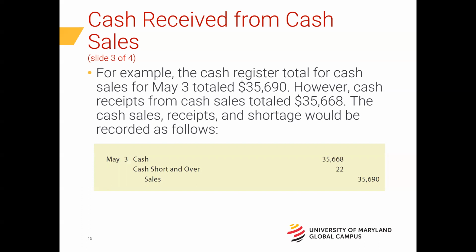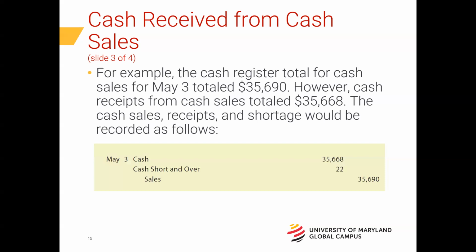Well, we debit cash for the cash that we actually received, $35,668 in this case. We debit cash short and over, $22. That's the difference, right? So when you debit the cash short and over account, that means we are saying, hey, you know what? We're short that amount. When it's a credit, that means we're over.